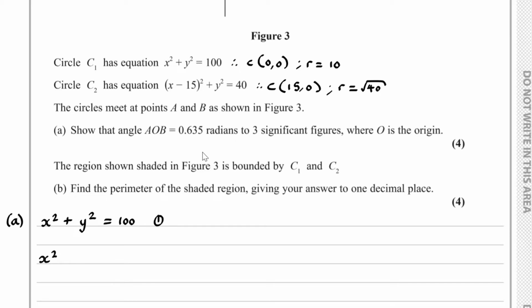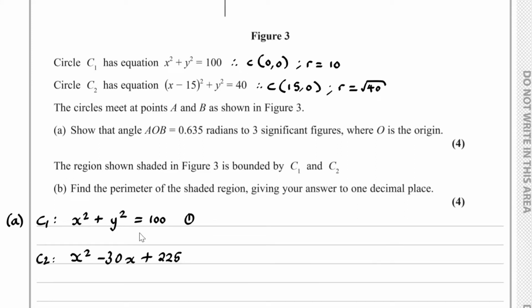Let me just be a bit more clear over here. The circle C1 has equation x squared plus y squared equals 100. The circle C2, if I expand the x minus 15 all squared, I get x squared minus 30x plus 225 plus the y squared, and this is equal to 40.